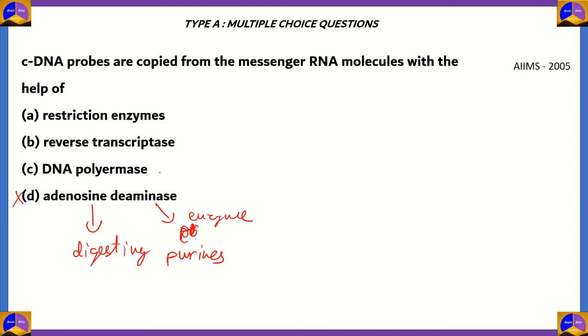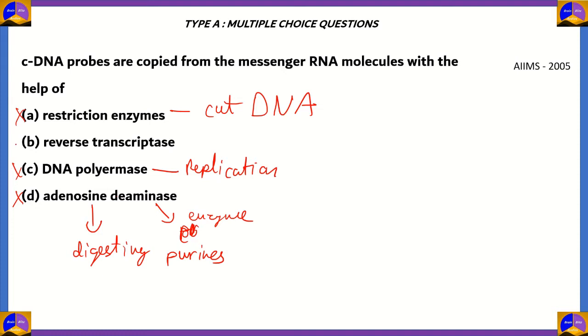If you look at option C, DNA polymerase, well, DNA polymerase is used for replication of a given DNA molecule. Here the question is how DNA is copied from messenger RNA, so option C is incorrect. Option A, restriction enzymes, is also incorrect because these restriction enzymes are used to cut DNA, not produce new DNA from RNA.